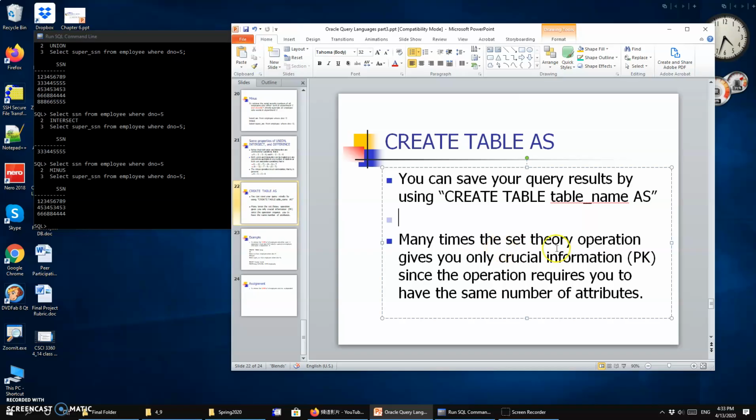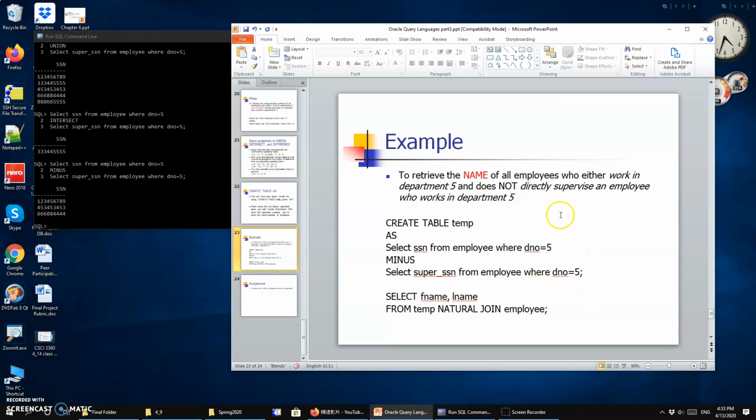So many times the set theory operation gives you only the crucial information, since the operation requires you to have the same number of attributes. So what they're trying to say is this one. I want to show you this. Previously we only looked for the social security number.